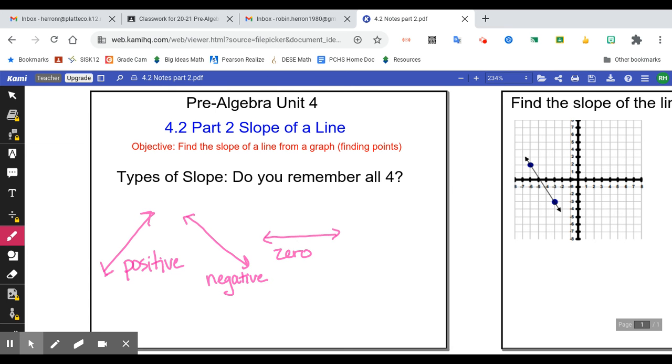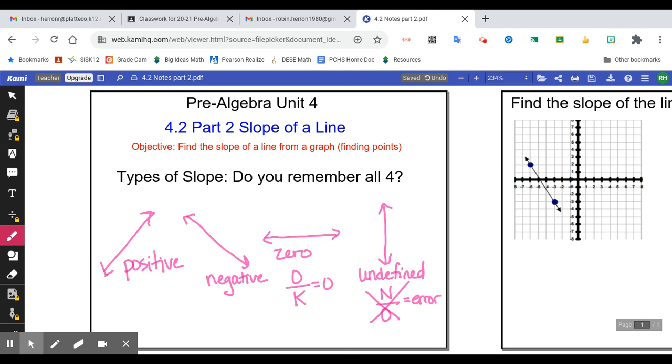Remember, this was when there is a 0 over a number, which is okay to have, and that equals the 0 number. Or when you have it straight up and down, and this is undefined. And that's when we have a number over 0, which means it's equal to no way, can't do it. This is the error in your calculator, okay?